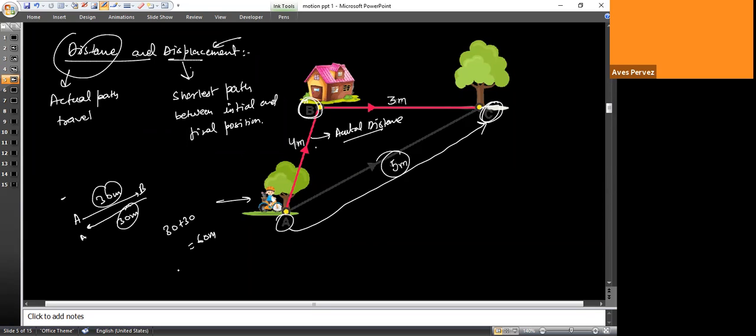But its displacement will be 0, because the initial and final positions are the same. So the displacement between them is 0. Do you understand, beta?